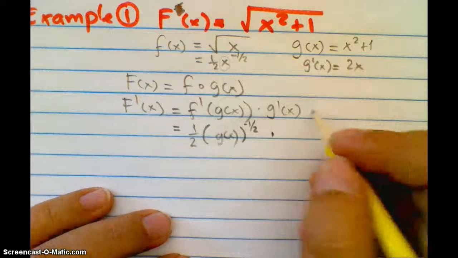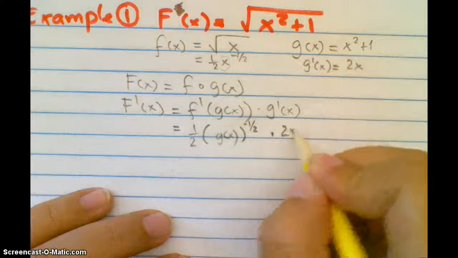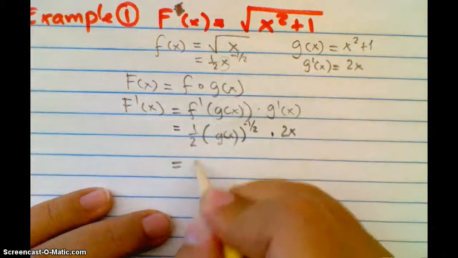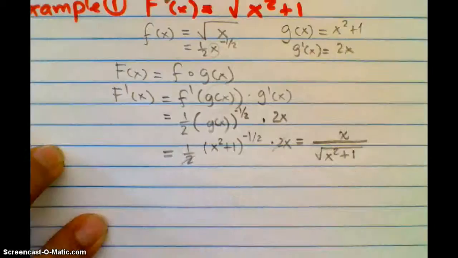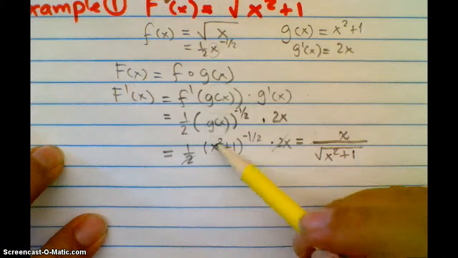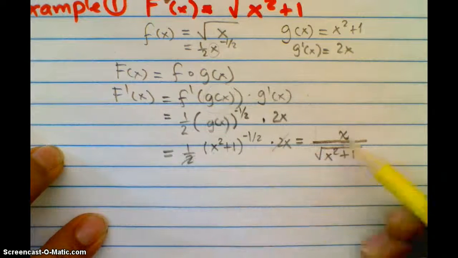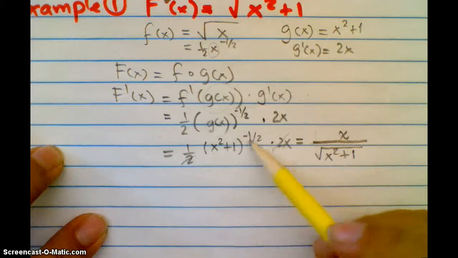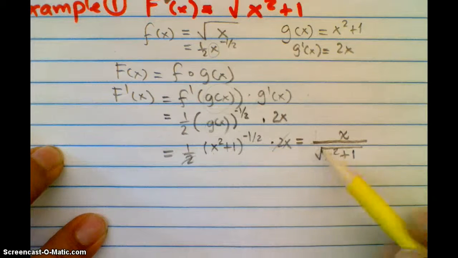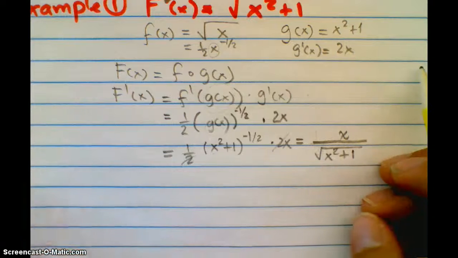Derivative of 1 is 0, so that's just 2x. Now I'm just going to make it beautiful. So I replace g of x with x squared plus 1. The 2's cancel out, and I'm going to rewrite the exponent negative 1/2 as the reciprocal of the square root of x squared plus 1.